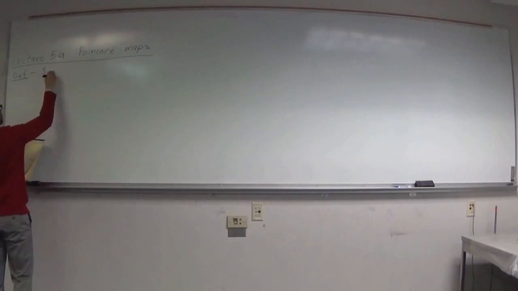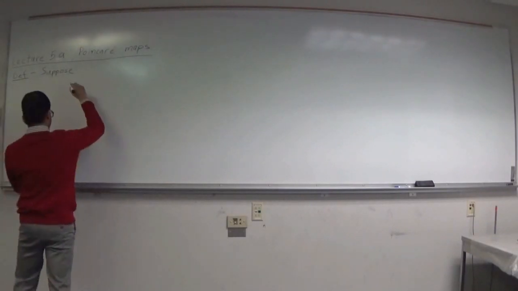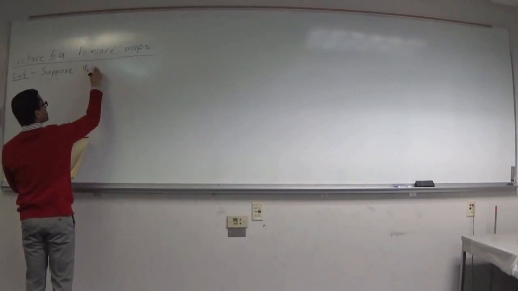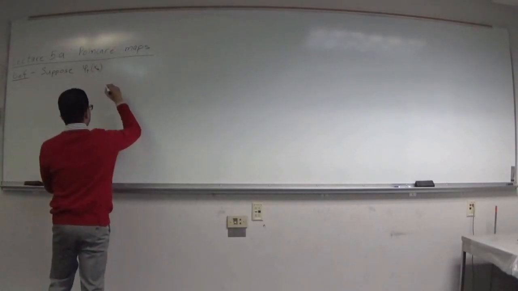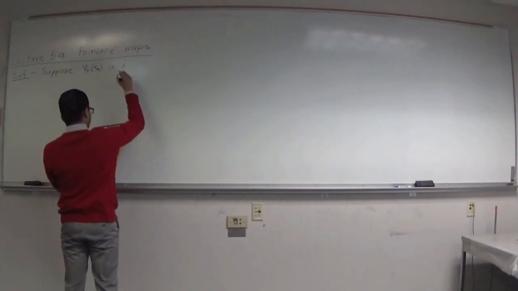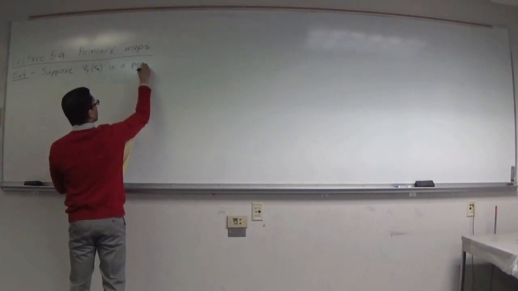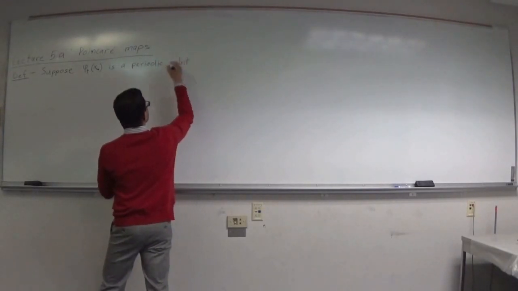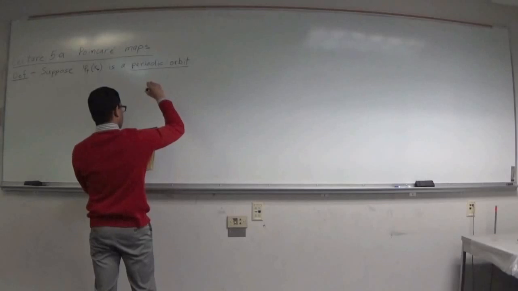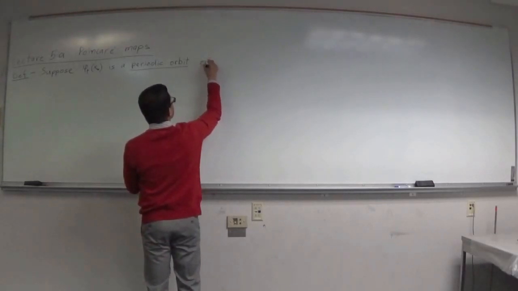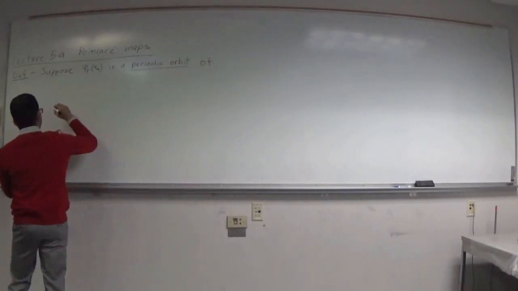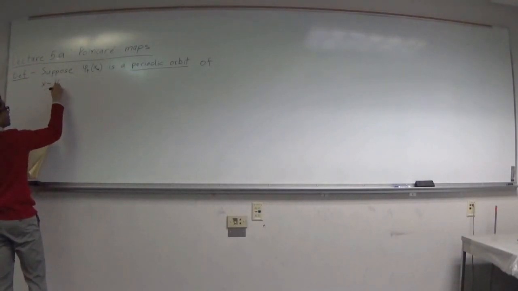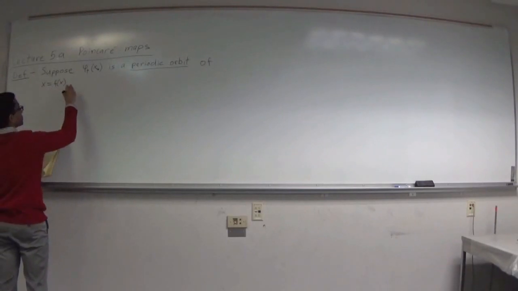So suppose phi t of x star is a periodic orbit of this differential equation x dot equals f of x, which is continuously differentiable.